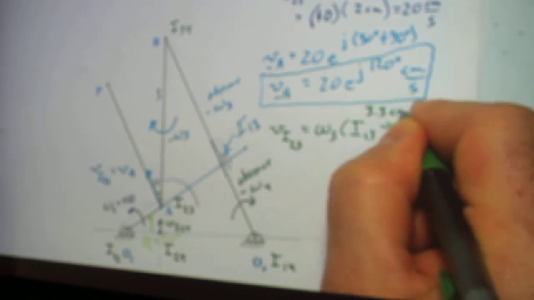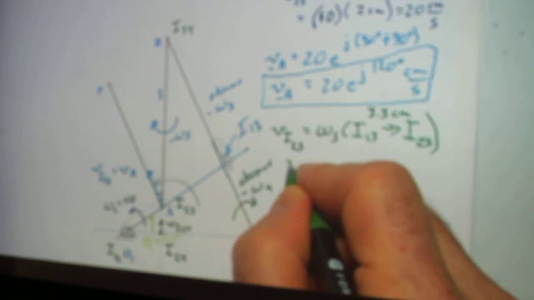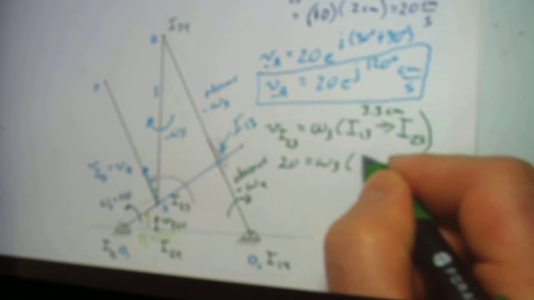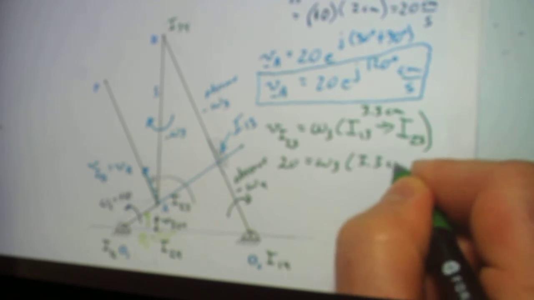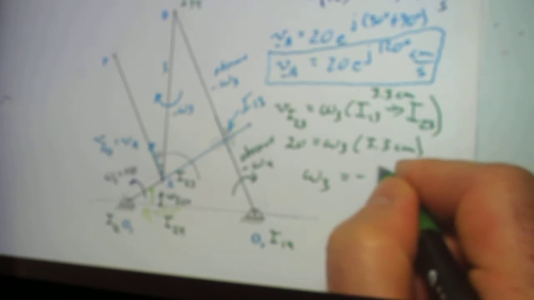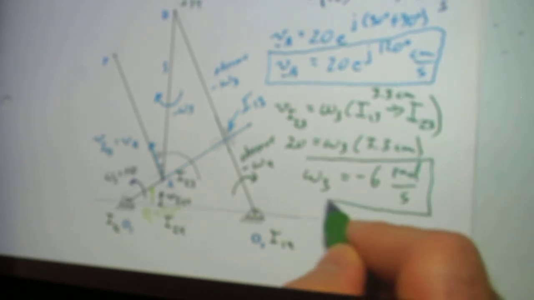I note that that is equal to 3.3 centimeters. I know that this here is 20. So I have 20 equals omega 3 times 3.3 centimeters. And then I say that omega 3 equals minus 6 radians per second. Let me box that in.